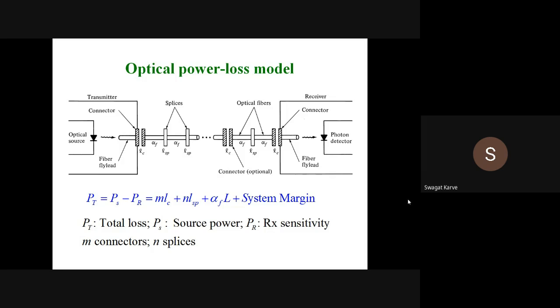At the transmitter side, you have an optical source, then you have a connector. So again, what are the components that you are using? Depending upon the components, your power link budget will change. For example, all of you know there is attenuation loss associated with the fiber optic cable.